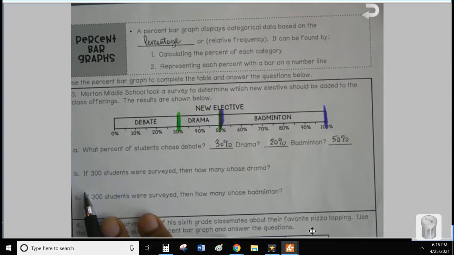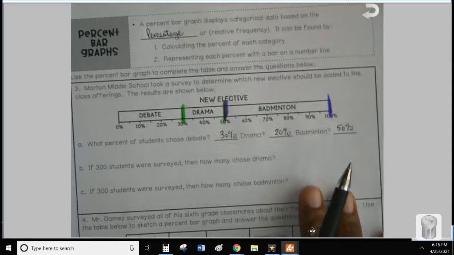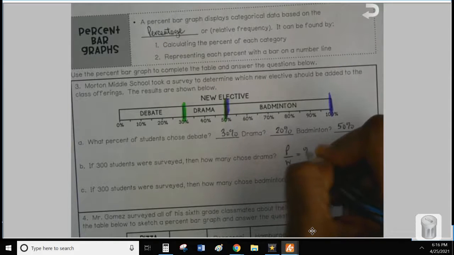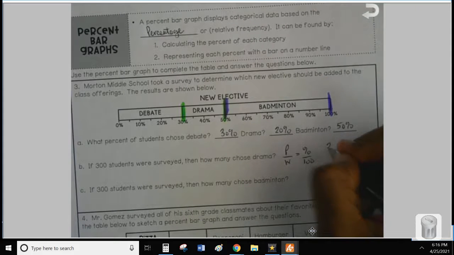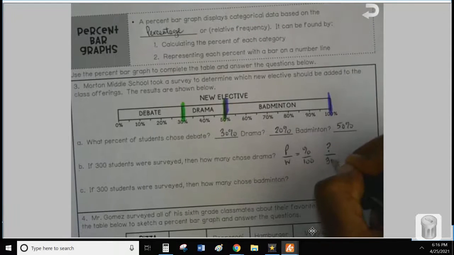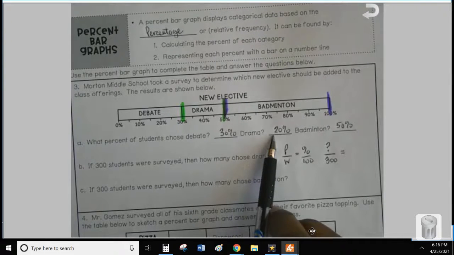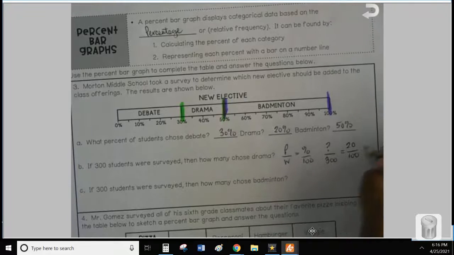It says if 300 students were surveyed, then how many chose drama? So this is a percent proportion. Part out of whole is equal to percent over 100. We don't know the part. That's our unknown. We know our whole is 300. And for drama, we had 20%. So I'm going to put 20 over 100.